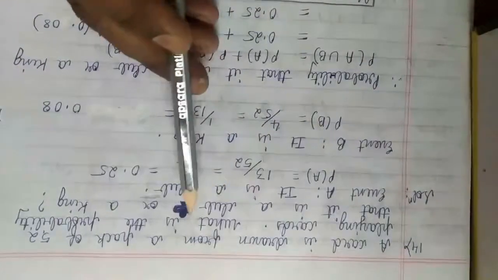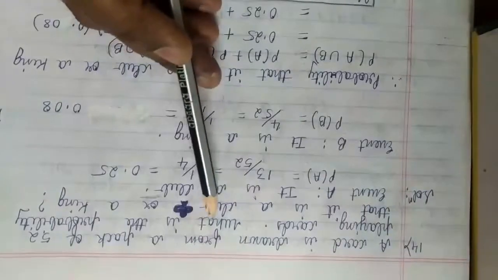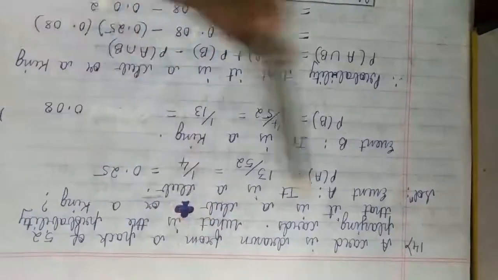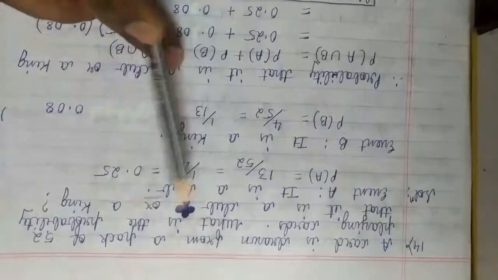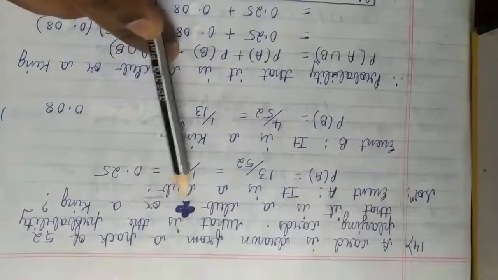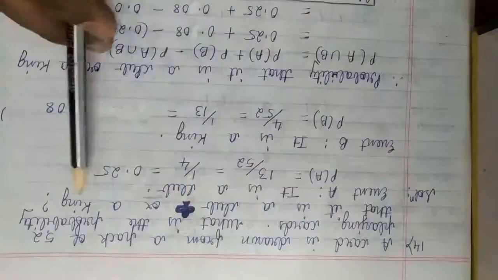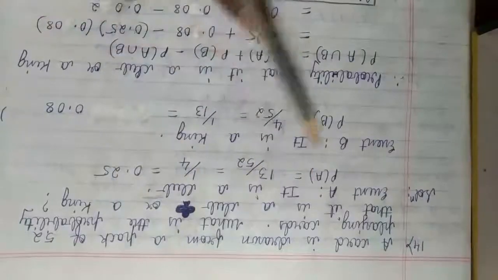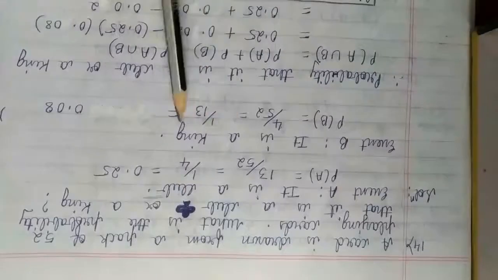So first we have to see what they have asked. The question is, what is the probability that it is a club or a king? We are splitting this into two events, event A and event B. Event A is it is a club, event B is it is a king.